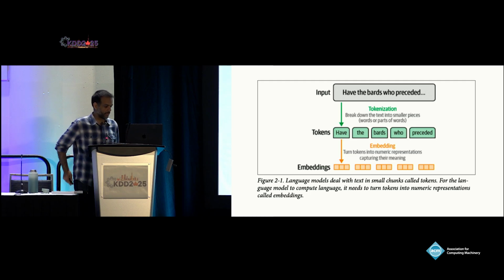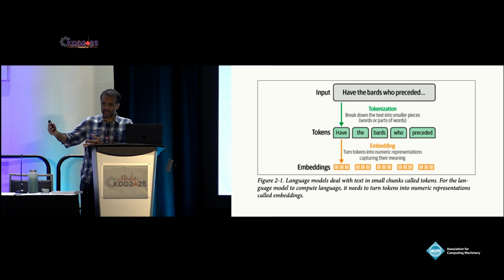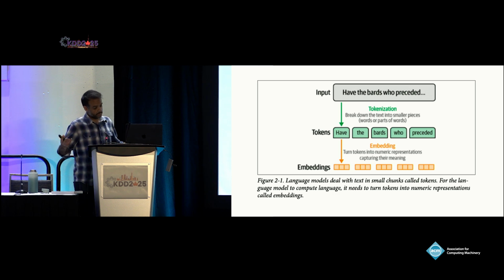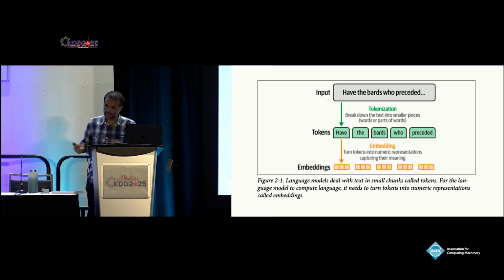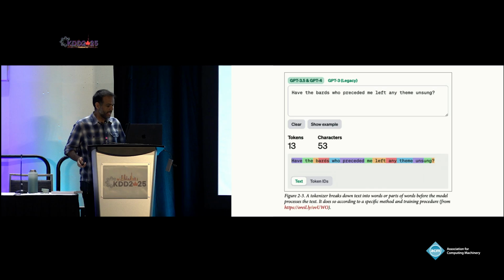So that is the first part of the model. And then these tokens need to be represented as vectors, so that the model is able to operate on them numerically. So language models are language calculators. They have never really seen any words. They see just these tokens, and they see them in these sequences, and that's how they extract the meaning.